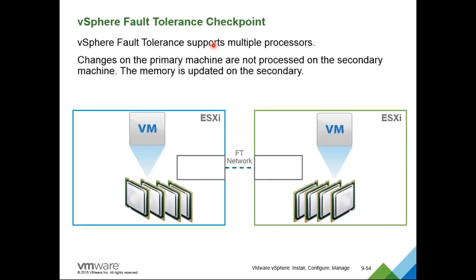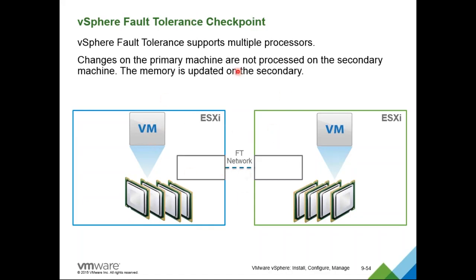So, vSphere fault tolerance checkpoint. We can call it fast checkpoint. As I told, the DC-ADC replication process, here we will call that same replication process fast checkpoint.